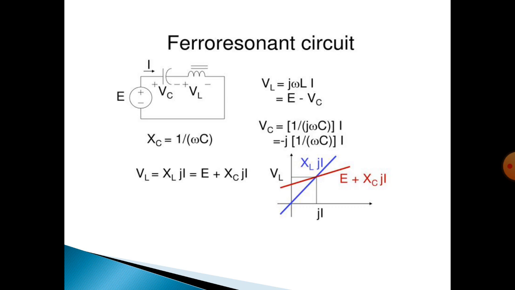The voltage across the capacitor is VC equal to minus 1 by omega C. The minus sign indicates antiphase with VL, and it lags the current by 90 degrees.